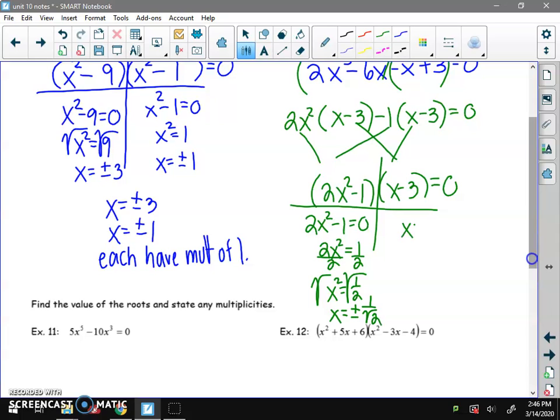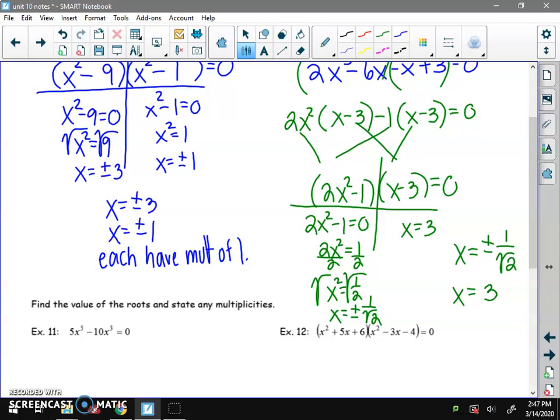On this side, x is going to equal 3. So the roots end up being plus or minus 1 over radical 2. If you wanted to rationalize those, you could. It would be radical 2 over 2, and x equals 3.